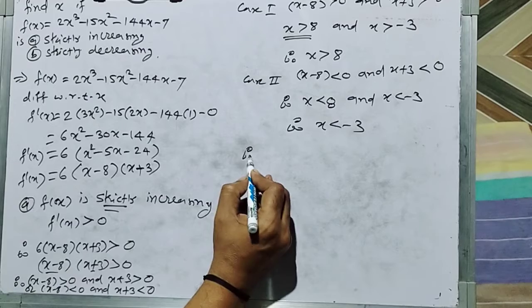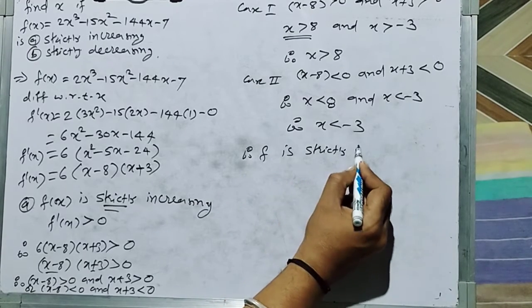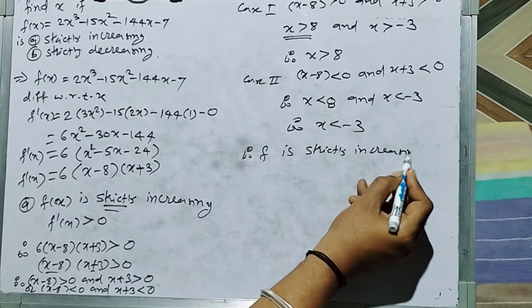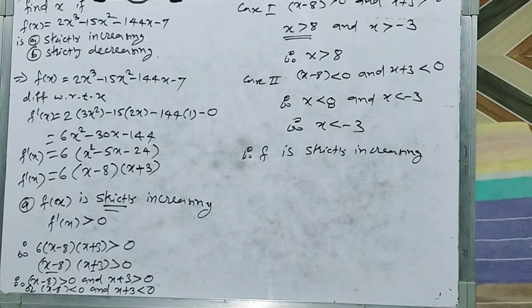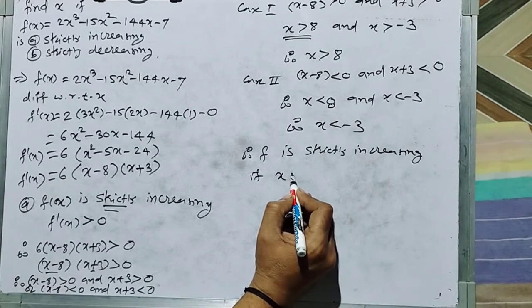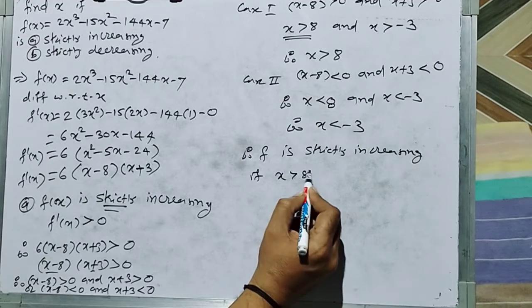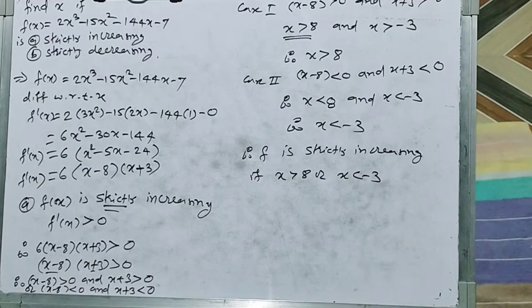So therefore f is strictly increasing if x is greater than 8 or x is less than minus 3.